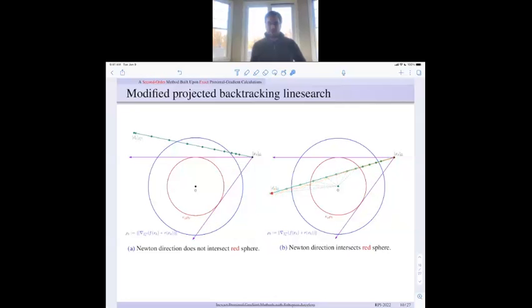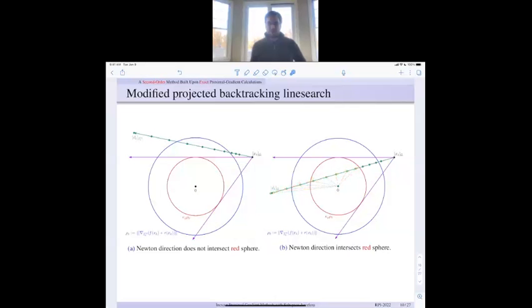Anytime that step intersects the red circle, we take all of these points, and when we do a backtracking line search, we project those points back to the origin. If we backtrack to here, we project; we keep backtracking, we project. As we search along this direction dk for a better point, a point that reduces our objective function, instead of using these points themselves, we project all of them back to the origin.